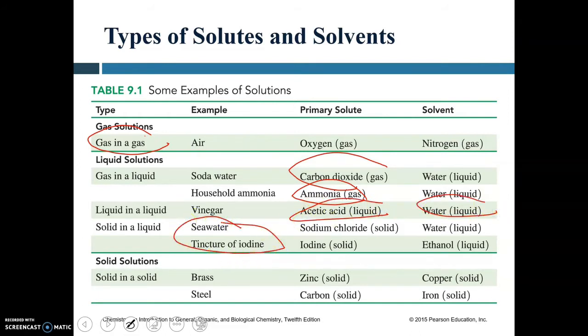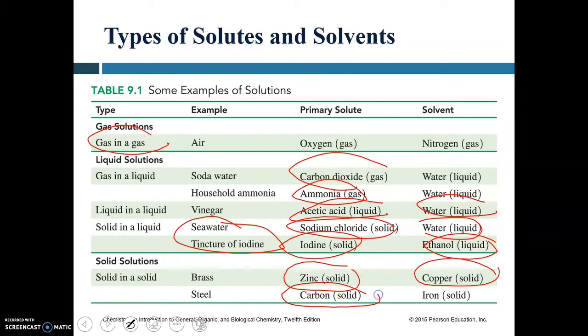Seawater and iodine tincture represent solid in liquid solutions: sodium chloride dissolved in water and iodine dissolved in ethanol respectively. There are even solid solutions like brass and steel. In brass, solid zinc is dissolved in the solvent, which is copper, and in steel, carbon, which is solid, is dissolved in iron, which is solid as well.